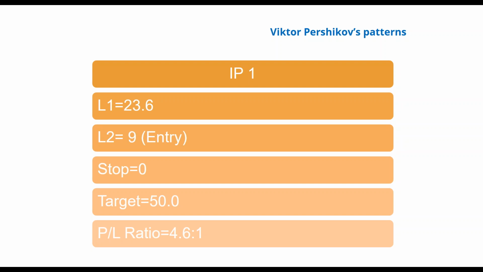I know that he also had his website. I don't remember the name, but he basically worked on these retracement patterns. He also published a book. So basically, these patterns are his work. I need to tell you that those are not mine.